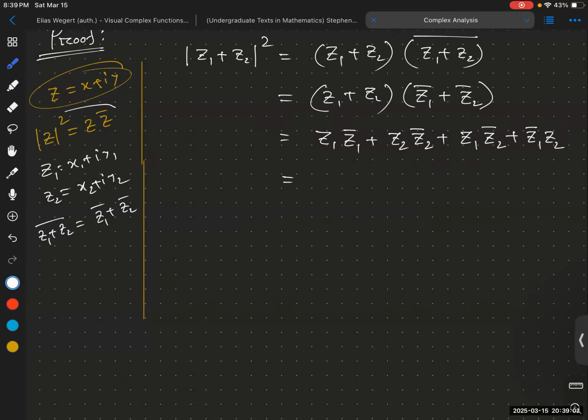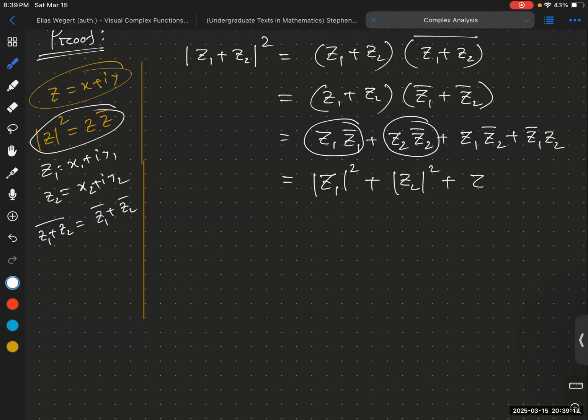So again, using this property, we can write it as the modulus of Z1 squared plus the modulus of Z2 squared plus Z1 Z2 bar plus Z1 Z2 bar whole bar. Again, using the properties of the complex conjugate, we can write it down like this.